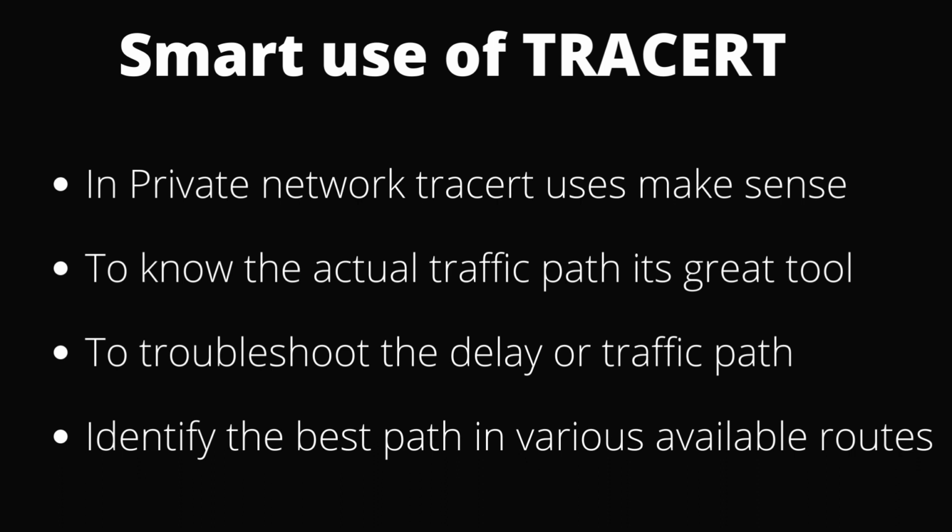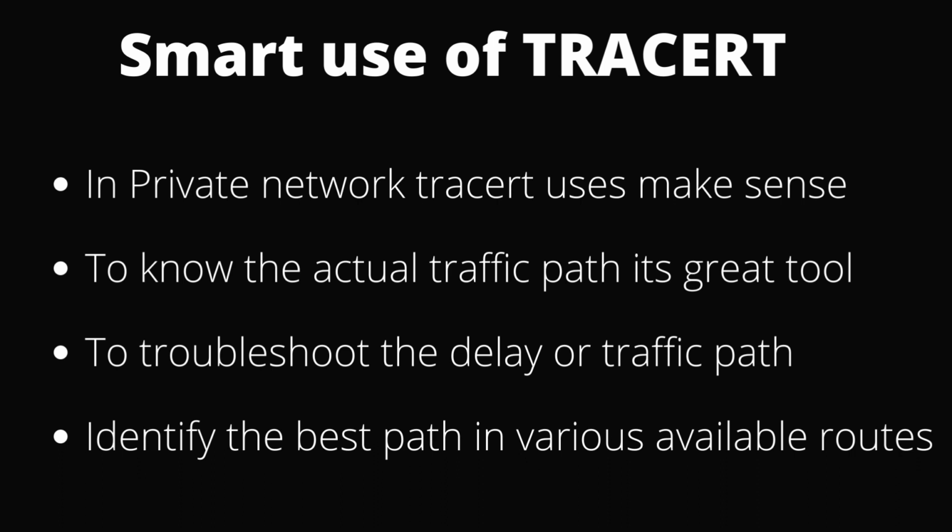Also, we can identify the best path among various available routes. So if to reach the destination you have multiple ISPs, you can just test by tracing all the paths. You can change the routes and see which path is better for your environment, right? Based on the trace, latency and lower hop counts, you can decide which path is the best use case for you.